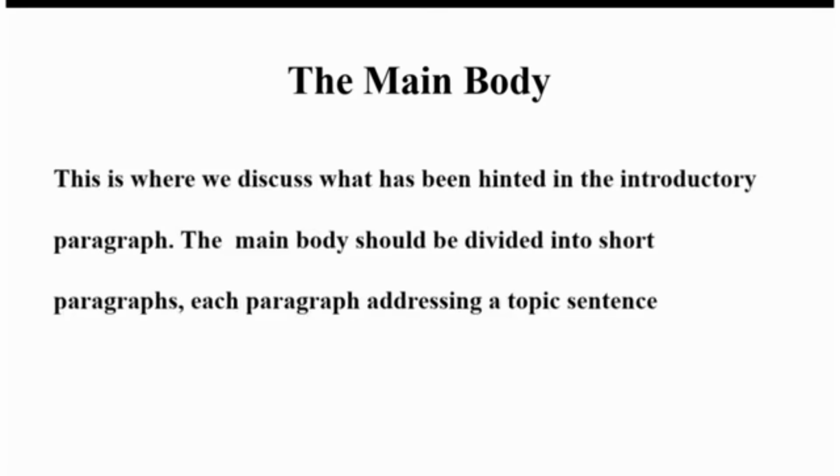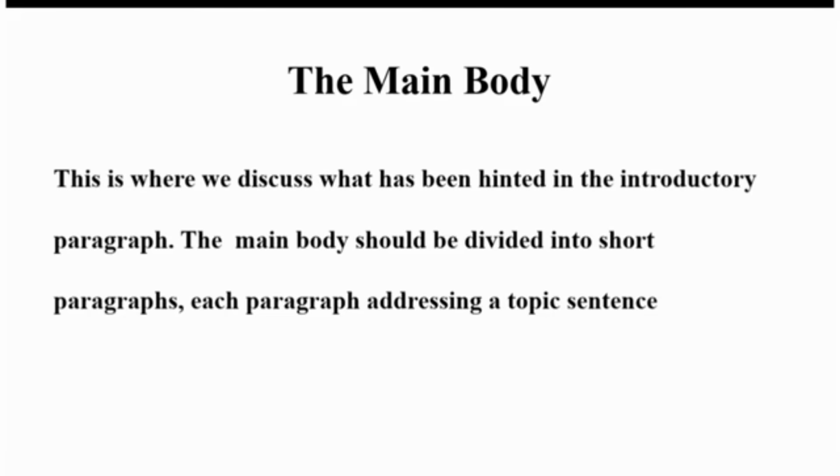Now let us look at the main body. This is where we discuss what has been hinted in the introductory paragraph. The main body should be divided into short paragraphs, each paragraph addressing a topic sentence.